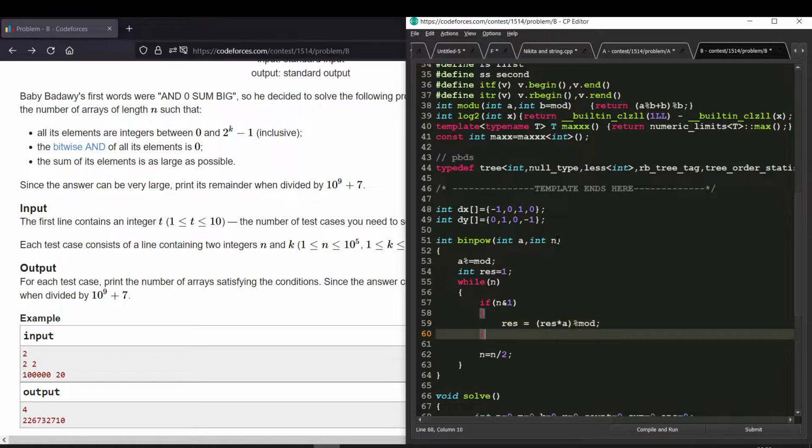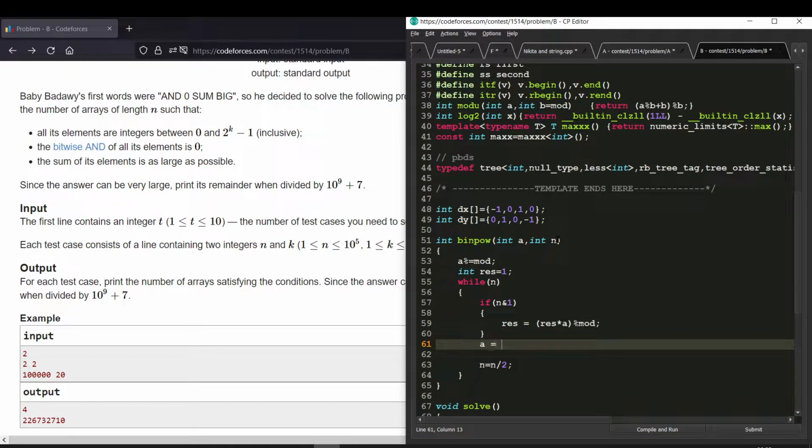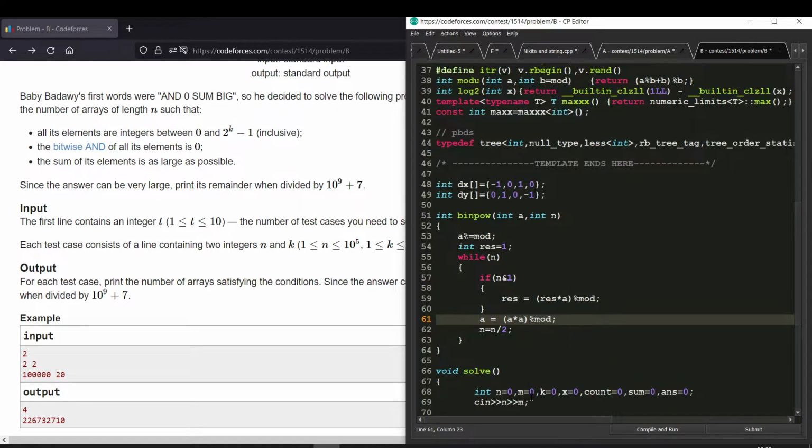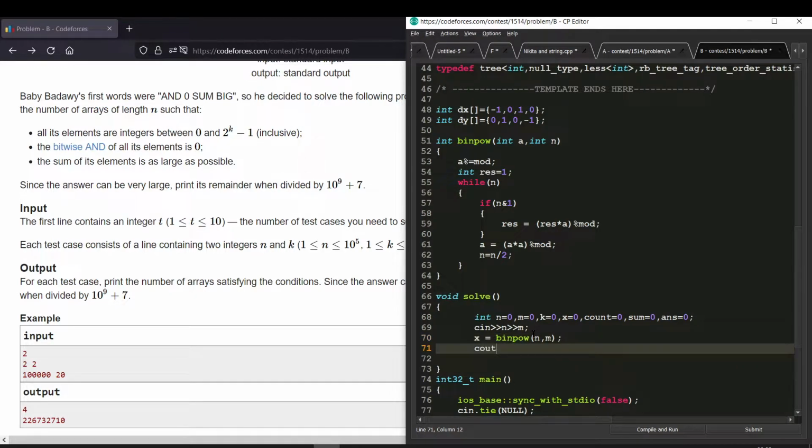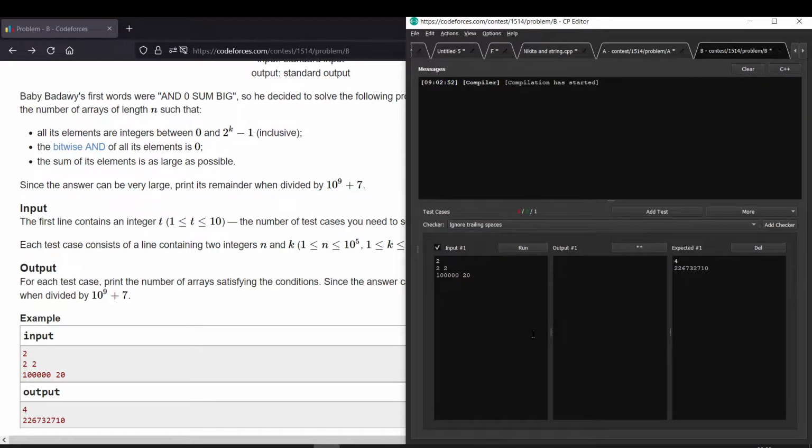It's small, and I also have to multiply a with a. So we have to calculate the power. I'll be storing it in x. So binpow of n, n, and the value will be just x. I think this should work.